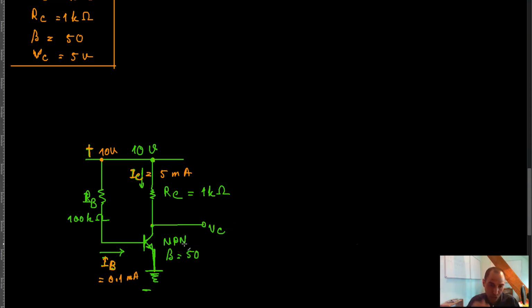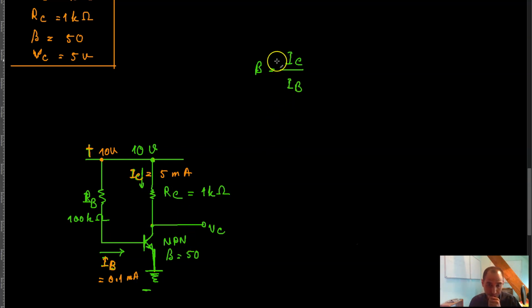Now if I increase the beta of the transistor, since beta is equal to I of C to I of B, the collector current is going to increase, because it is per base current.